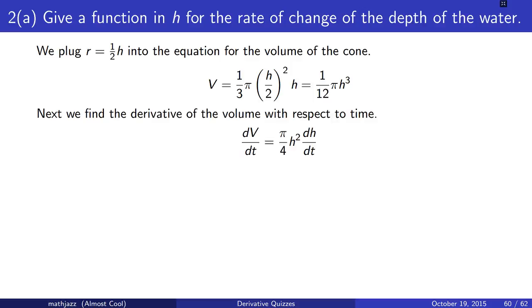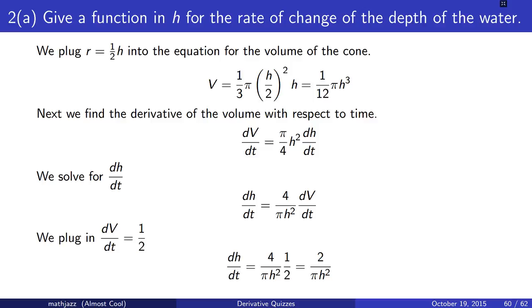Now if we take the derivative of both sides of this equation, we get dV/dt equals pi/4 h squared dh/dt. We solve for dh/dt, and we get dh/dt equals 4 over pi h squared times dV/dt. dV/dt was 1/2 in the problem, so we get dh/dt equals 2 over pi h squared.